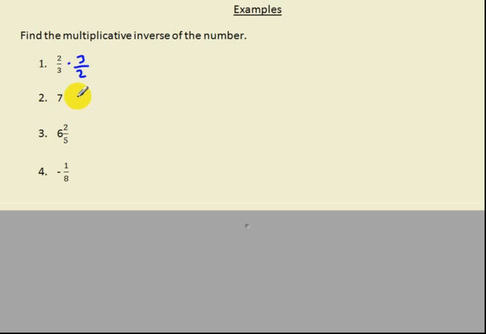In the case of 7, if you want, you can rewrite this as 7 over 1, which might help you see how to form the multiplicative inverse. Invert that to get 1 over 7. Now here we have a mixed number, so we need to convert that to an improper fraction. So we're going to take 5 times 6 plus 2. So 5 times 6 is 30, plus 2 is 32 over 5.